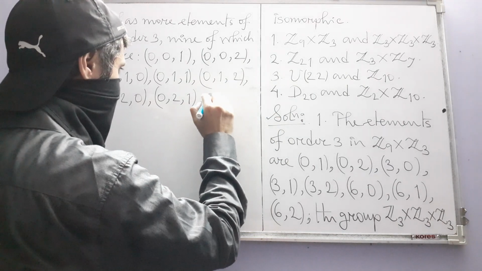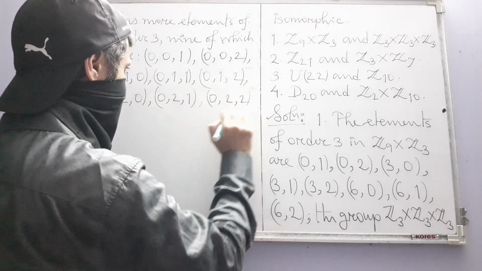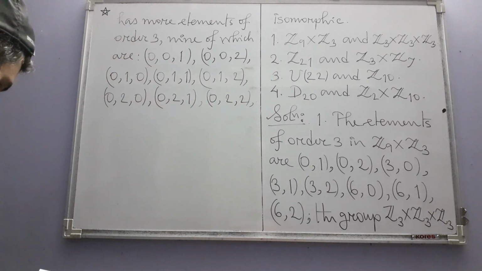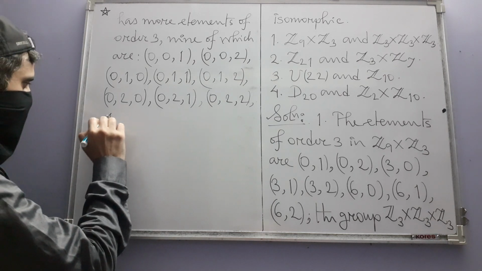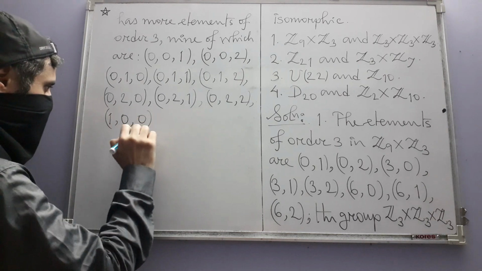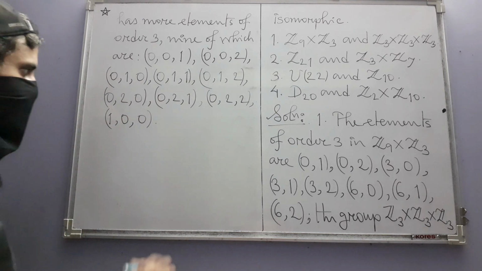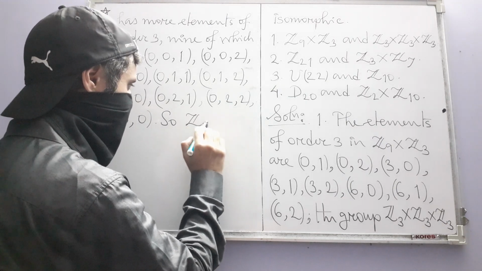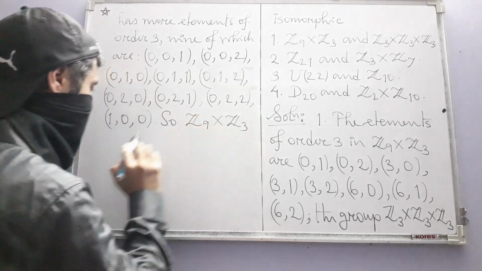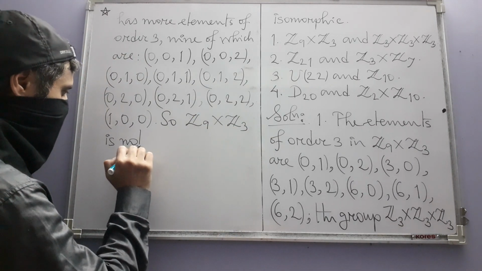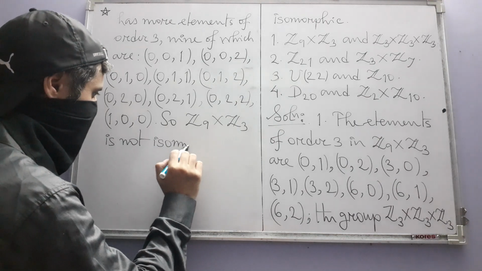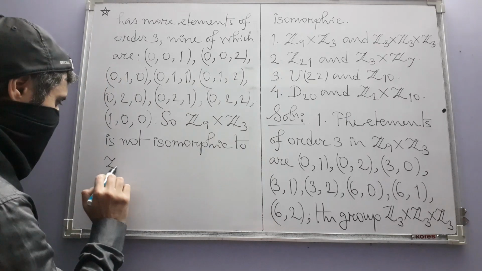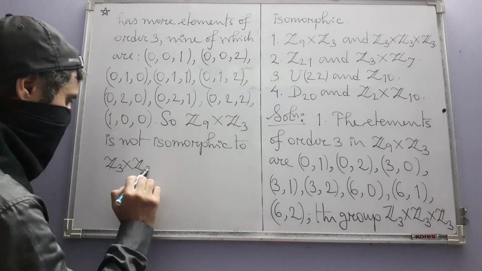Then 0, 2, 2. So we have hit that number 8, but one more. Let's say 1, 0, 0. Okay, so this is not isomorphic to the product of 3 copies of Z3.